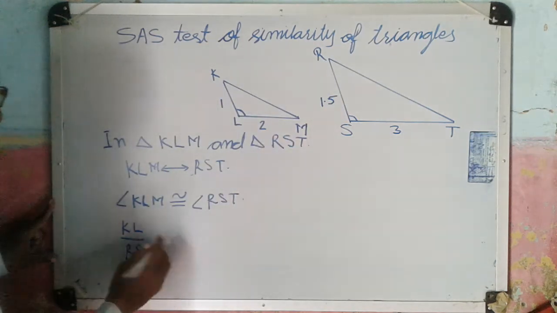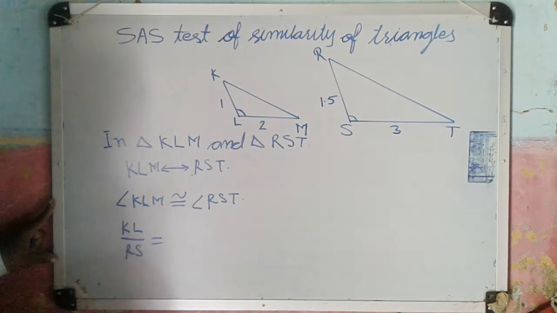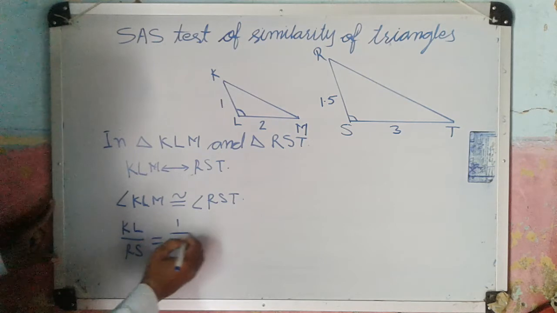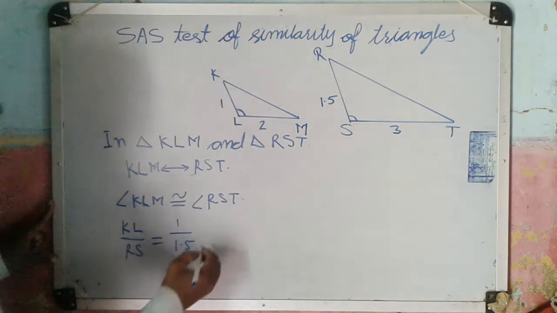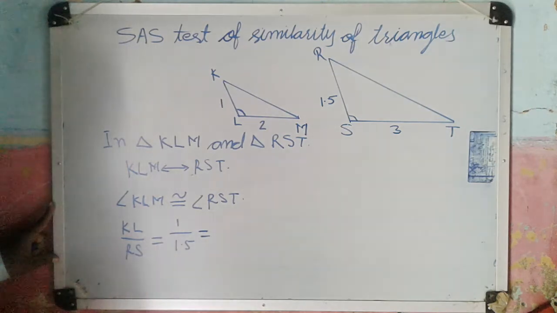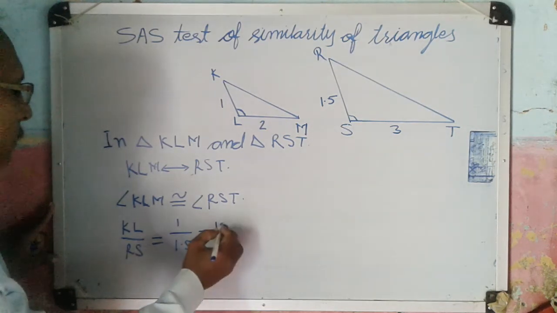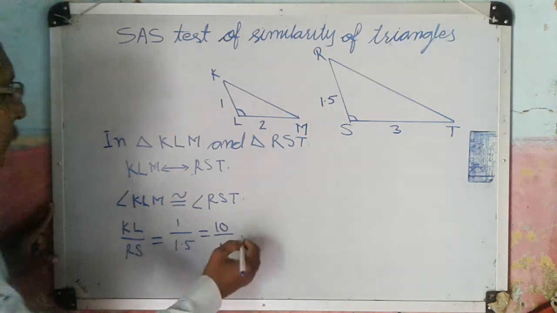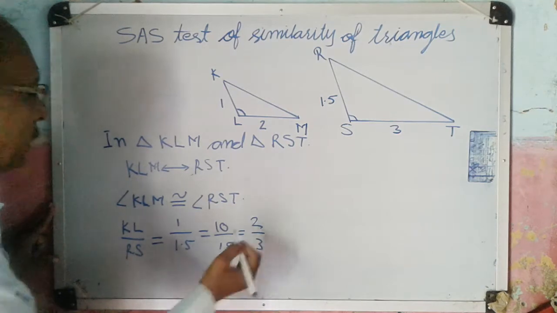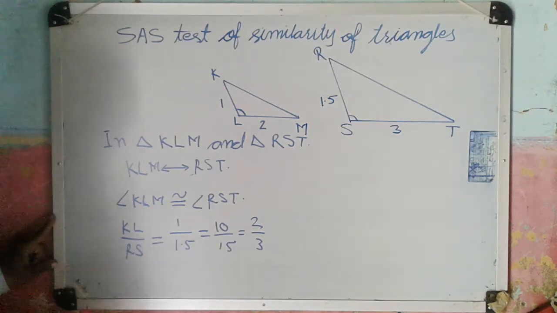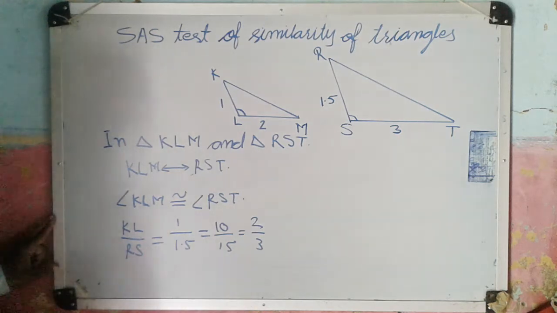KL upon RS is equal to 10 upon 15. If we simplify this, we get 2 upon 3.